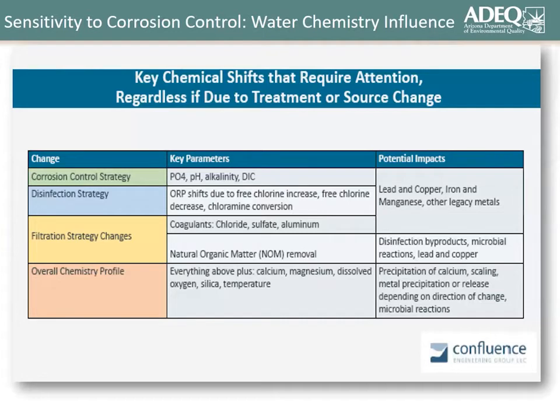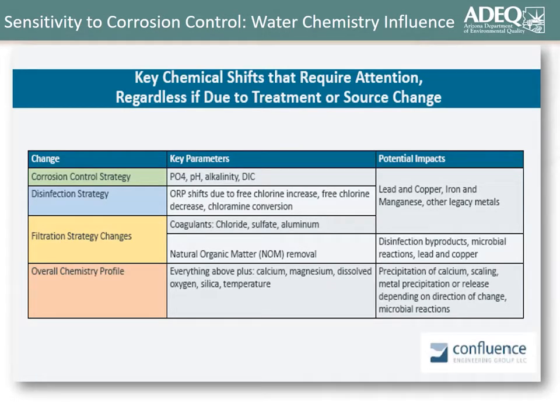Corrosion control in and of itself is very sensitive to water chemistry. And water chemistry has a significant influence in helping us understand what is impacting the water system from a lead and copper corrosion perspective, but even from a preventative perspective.